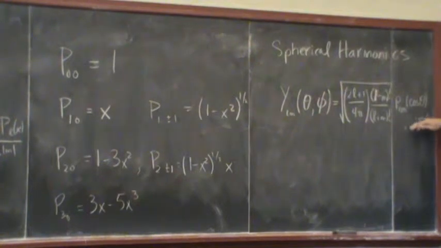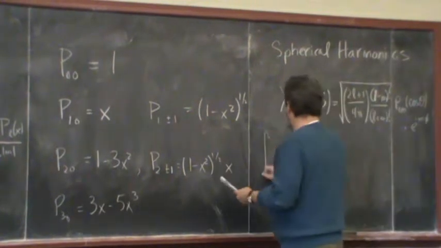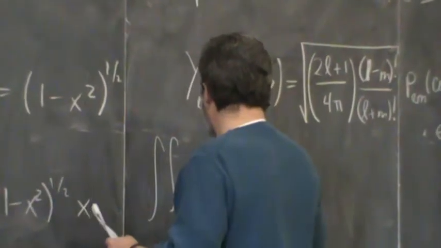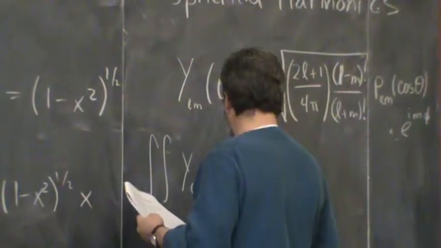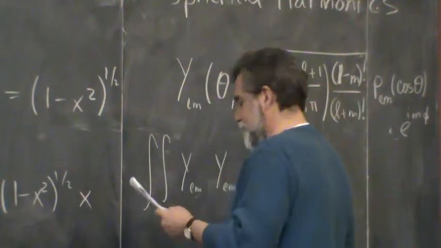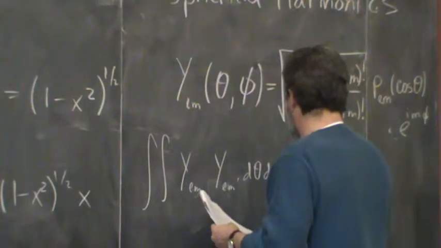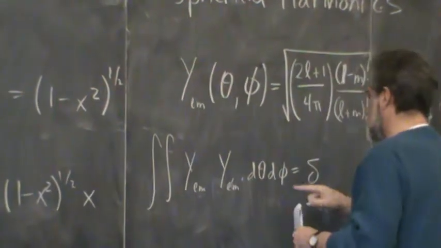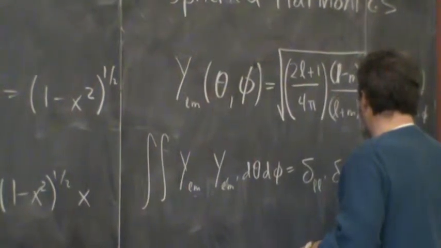But I've got the phi dependence, the theta dependence, and a factor that normalizes the two so that the integral over theta and phi of Y L M times Y L prime M prime, d theta d phi, is delta L L prime delta M M prime.